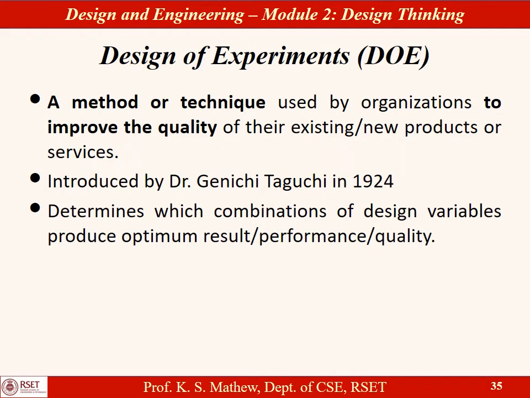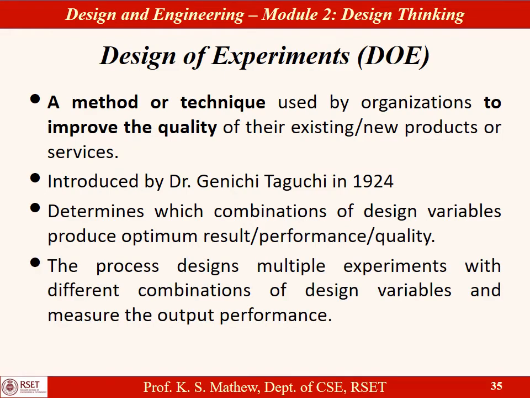It determines which combination of input variables will result in optimum performance of the product or optimum output. That's what is done by the design of experiments. You will keep on varying the input and measure the output performance and decide which is the best combination of input that will result in optimum quality, performance, or output.